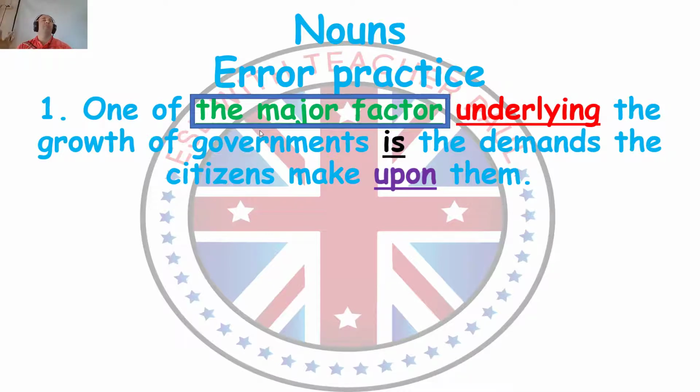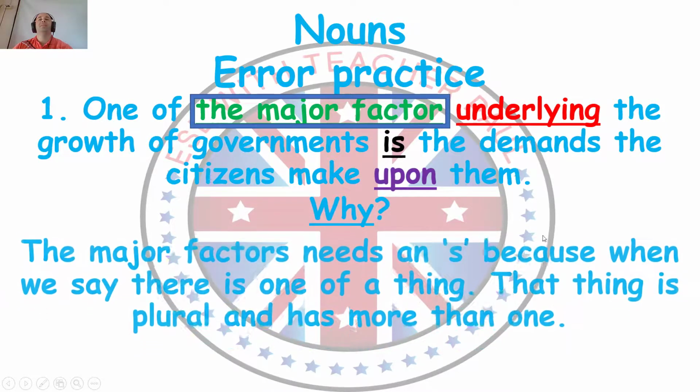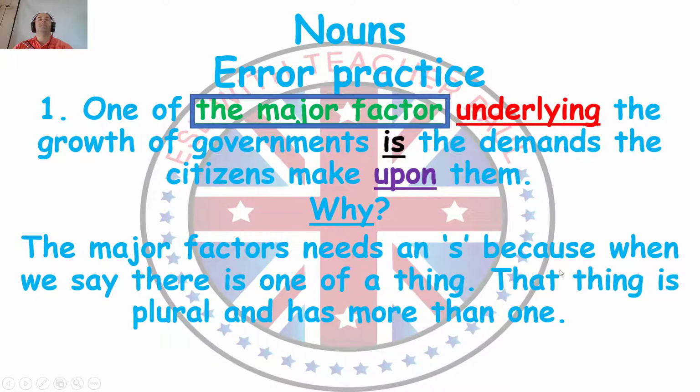So there's more than one boy. So this should be one of the major factors. There are many factors. Underlying the growth of governments is the demands the citizens make upon them. The major factors needs an S because when we say there is more than one thing, that thing must be plural. The major factors.